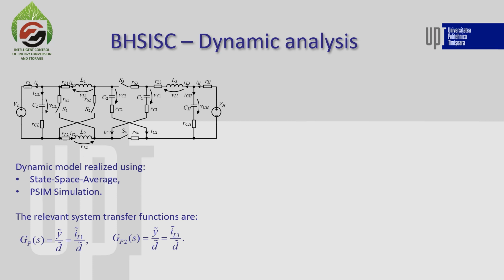And even if this converter has a more complex model because of the additional capacitors and inductors, which all result in more state space variables, we can simplify the design by considering the two switched inductors as being one and the two switched capacitors as being one component. So this complex model can be simplified a bit, but indeed the controller design is a bit more complex because of the complex model.